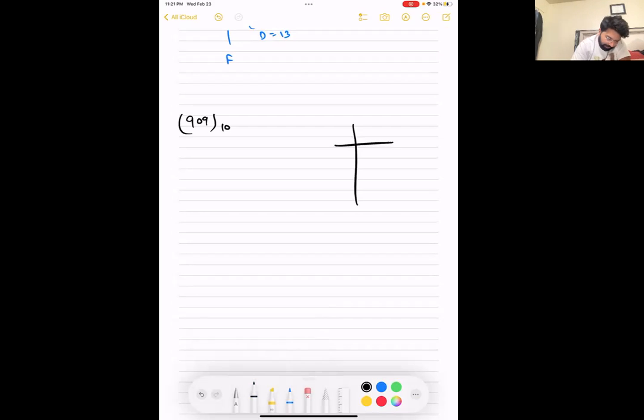If you do 909 divided by 16 on your calculator, it's gonna give you 56 point something. And if you do 16 multiplied by 56, I got this 16 from here, and this 56 is from this 56.